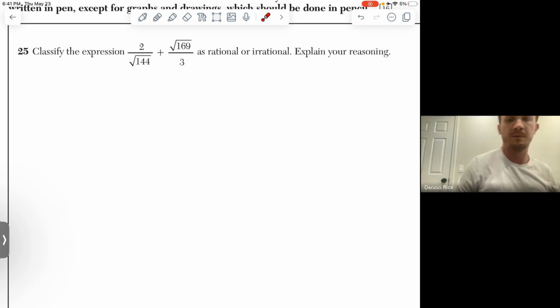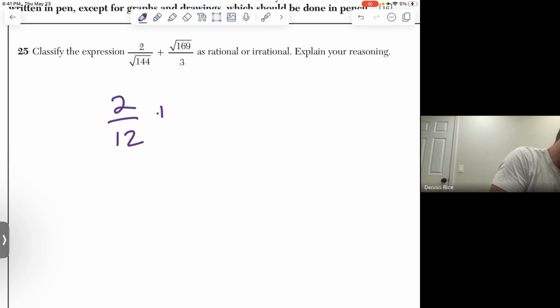But why? Yeah. What's our go-to phrase with these? So you could say 2 over 12, 13 over 3. You don't even need to figure all this out, whatever it happens to be. What would that be? 52 over 12, 54 over 12.